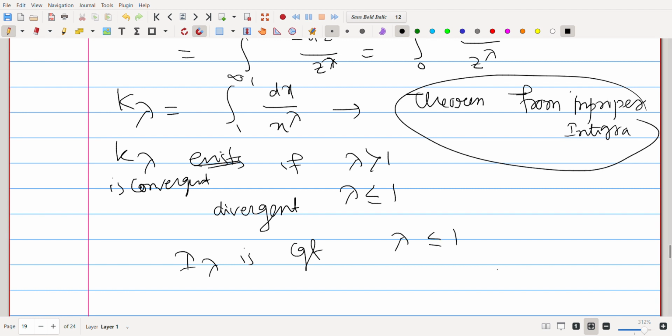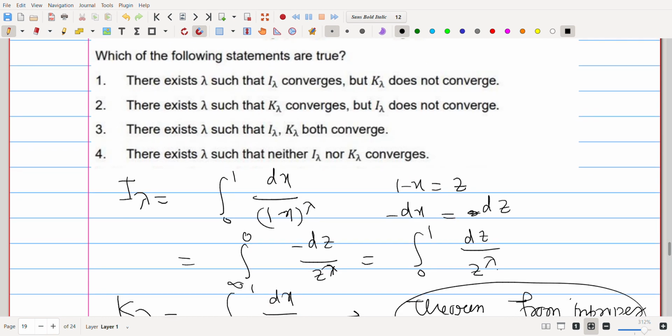And I lambda is convergent for lambda less than 1, and divergent for lambda greater than or equal to 1.